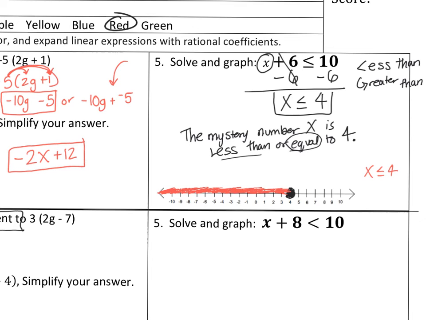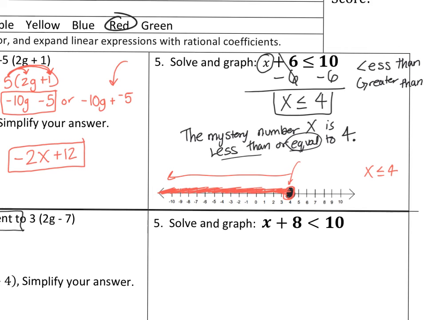And I know it's not that pretty, but the point is made that the mystery number could be 4, and it could be anything on the left of 4 on the number line. And that's the 6th grade standard for you to understand that the mystery number could be more than one value if there's an inequality involved.